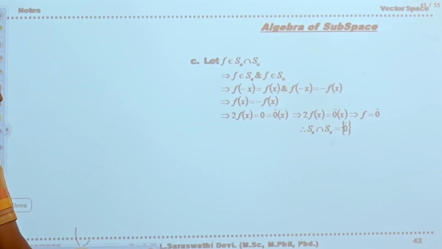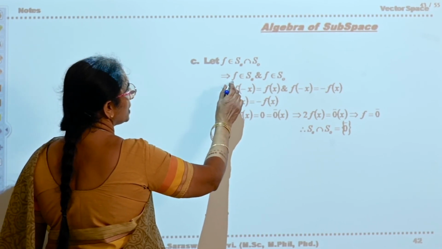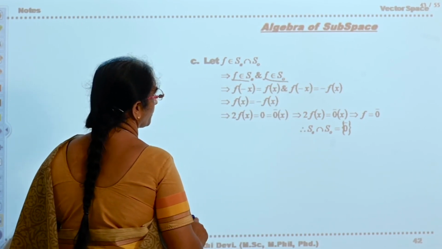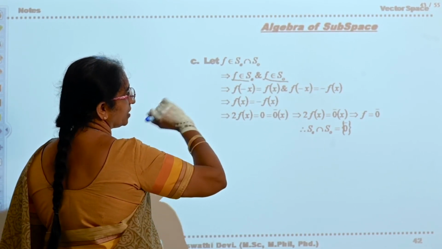Now see the third one, the last one. Let f belong to S_E intersection S_O. What is S_E intersection S_O? That means f belongs to S_E and f belongs to S_O, because it belongs to the intersection.